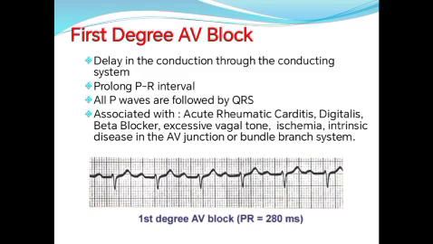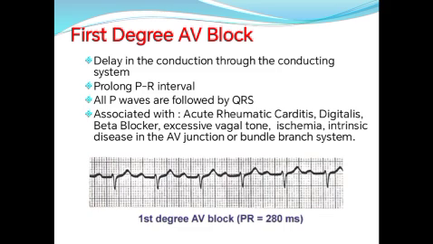Everything else is normal. It's usually associated with acute rheumatic carditis, digitalis effect, a patient taking beta blocker, or excessive vagal tone. It could occur in ischemic heart disease, or when there is an intrinsic disease of the conductive system.